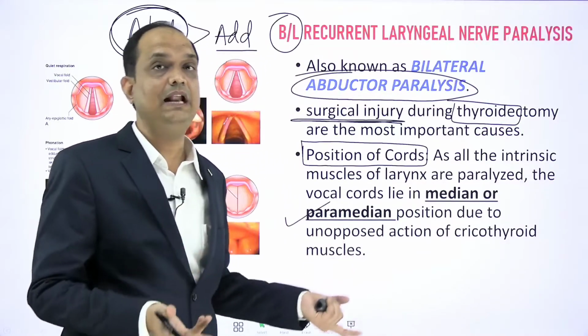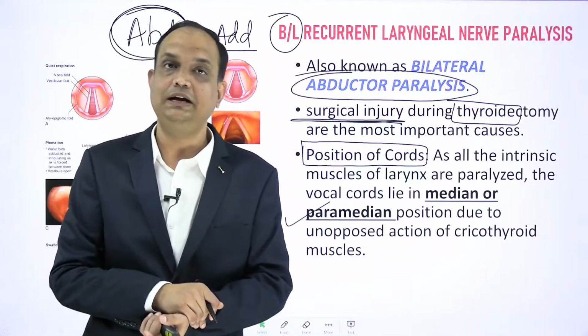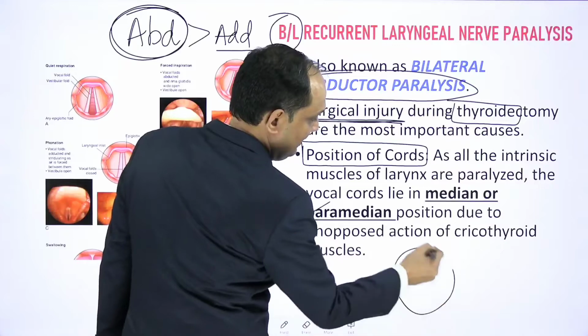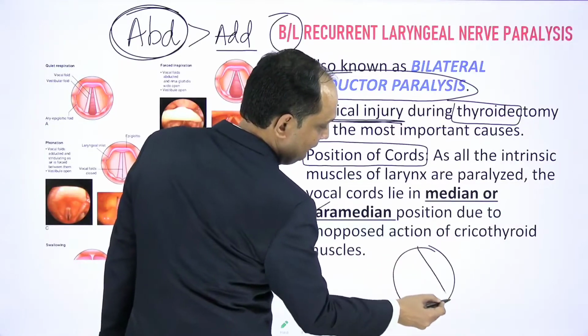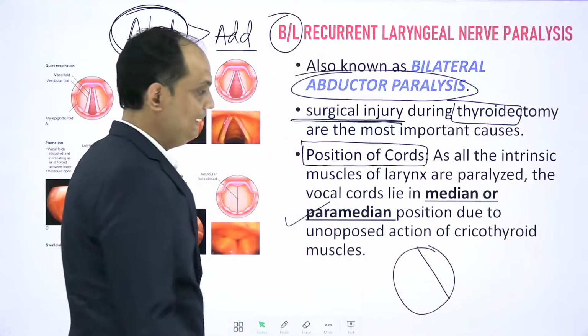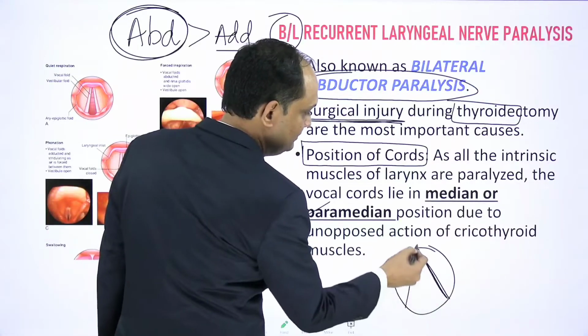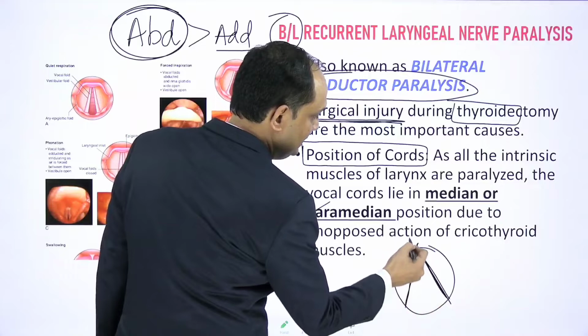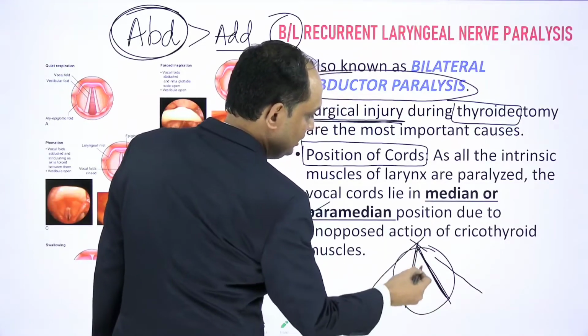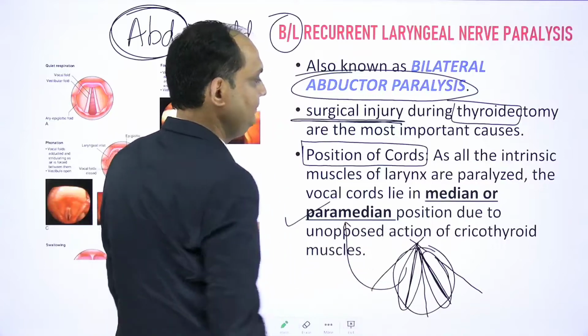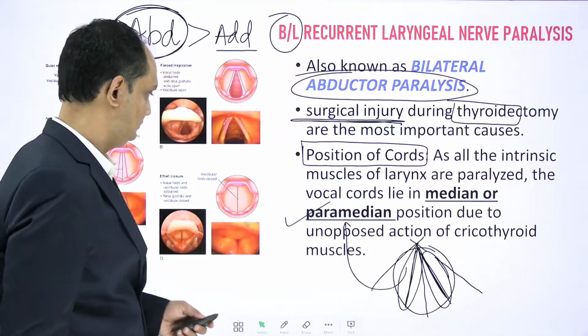The same thing happens which you have seen in the unilateral case. That means in unilateral palsy, the affected side vocal cord is paramedian. But here because both sides are affected, both vocal cords come into the paramedian position. They are not lateral, they are not in the midline, but on both sides you will have paramedian placement of the vocal cords.